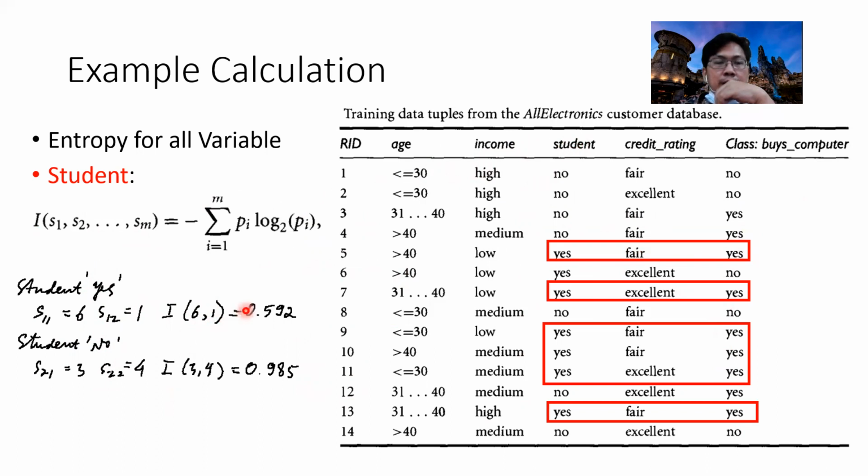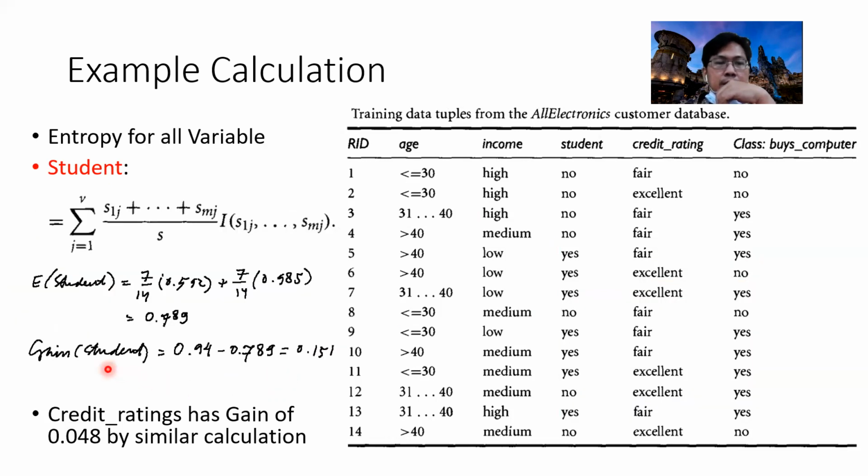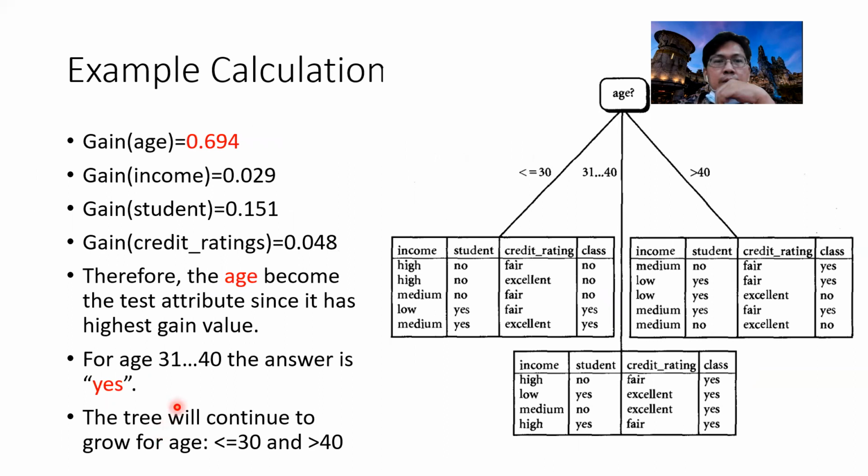And we have the expected information 0.592, and for the no, 0.985, and finally we get the gain information of the student is 0.151. And a similar method we use for the credit rating, we get the gain of information 0.048. So we have the highest gain information, which is the age.